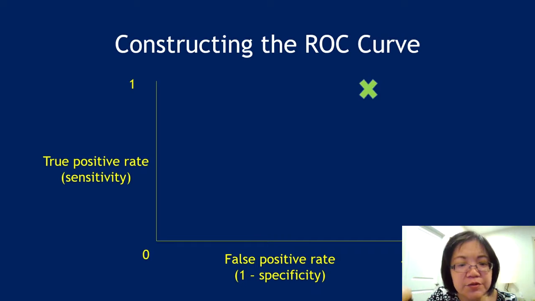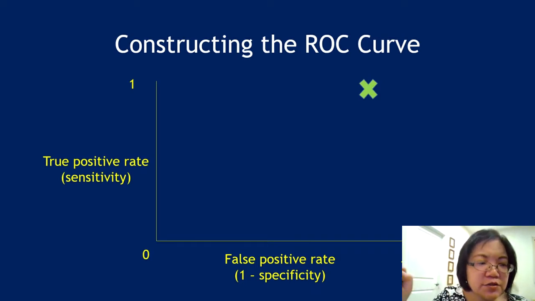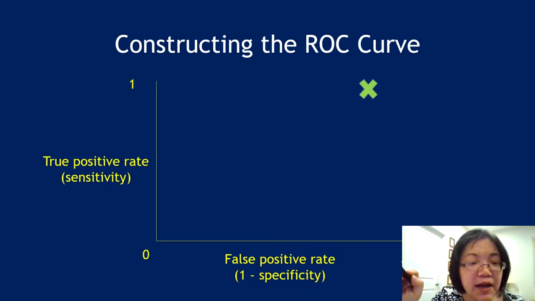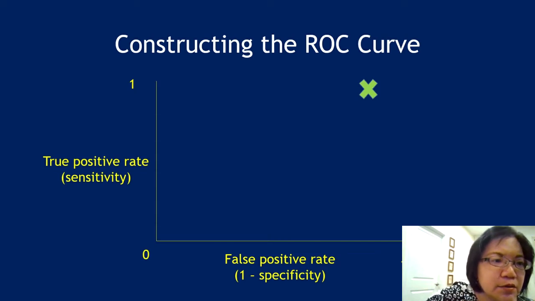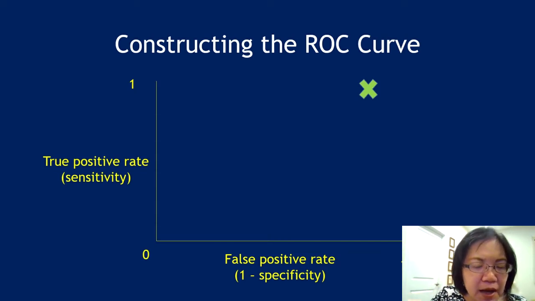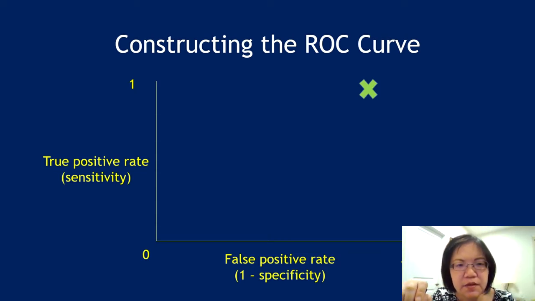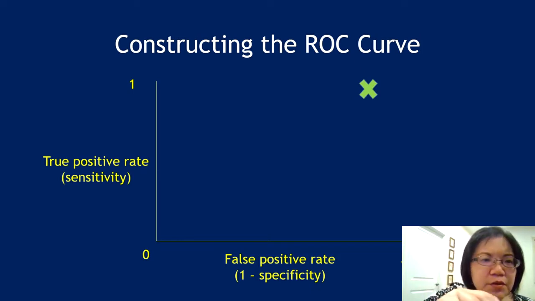And then we'll try different thresholds and see if we can change the ratio of good versus bad. The idea is I want to find a cutoff or a threshold that maximizes my good performance and minimizes my bad performance.